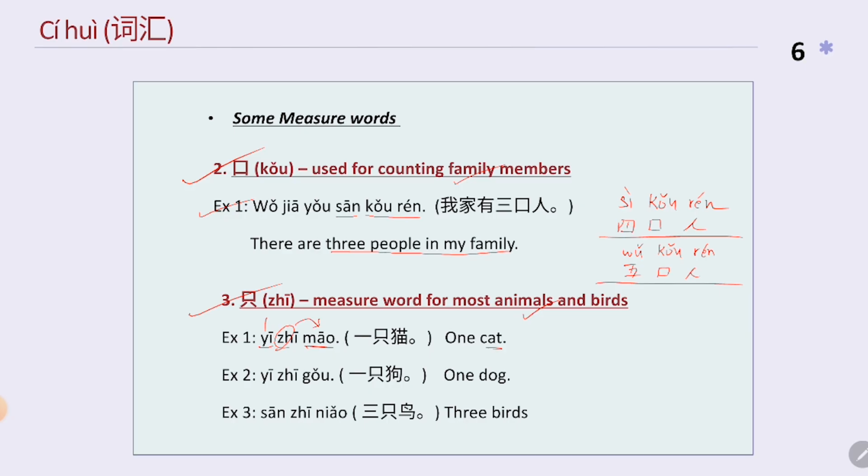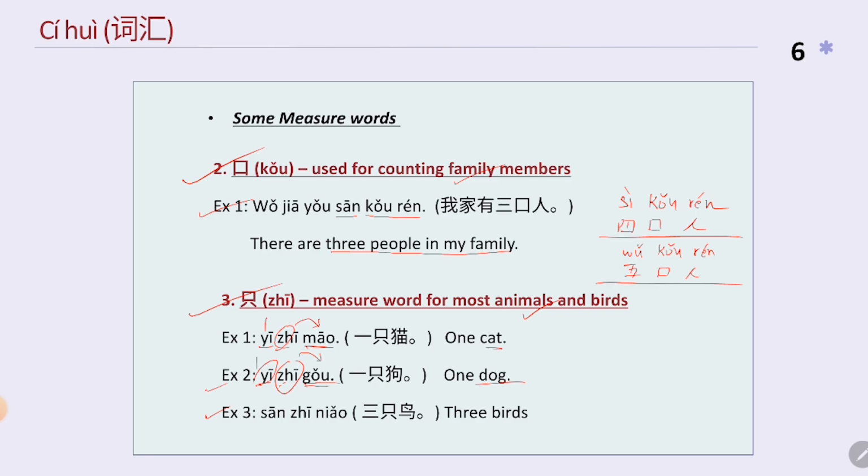That means 1 cat. Look at example number 2. 一只狗。Here 一 means 1, 狗 here means dog, and 只 is a measure word for this animal.